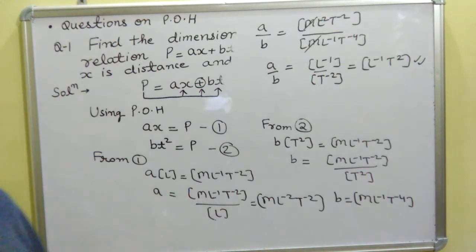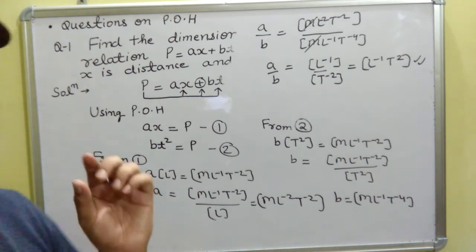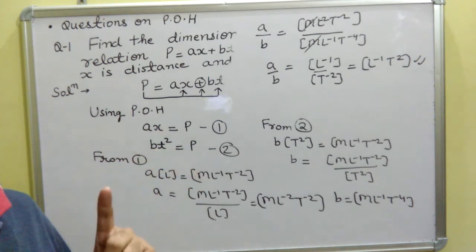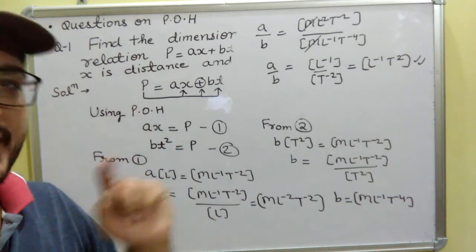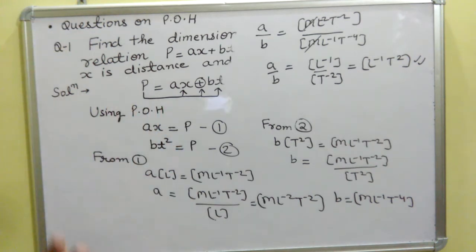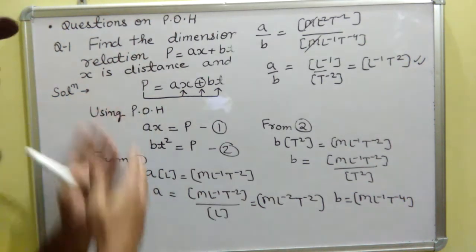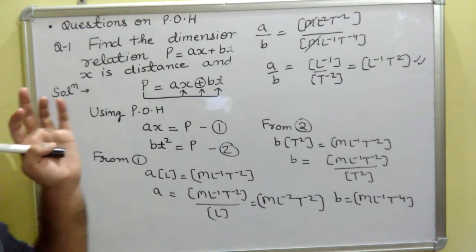So look, the questions based on the principle of homogeneity are quite easy if you understand a very basic and simple concept: the same dimensions can be added or subtracted, plus the left hand side dimension is equal to the right hand side dimension. Now let's take another variation of this concept, and that is your question number 2 for today.